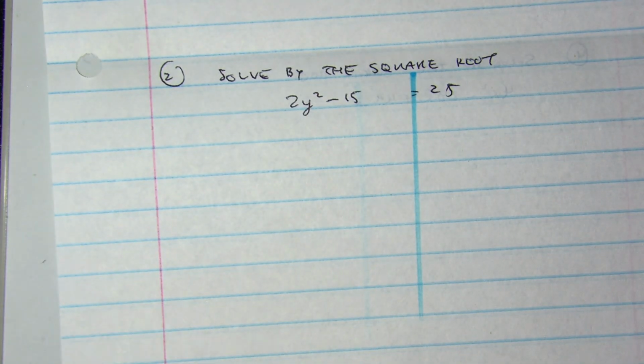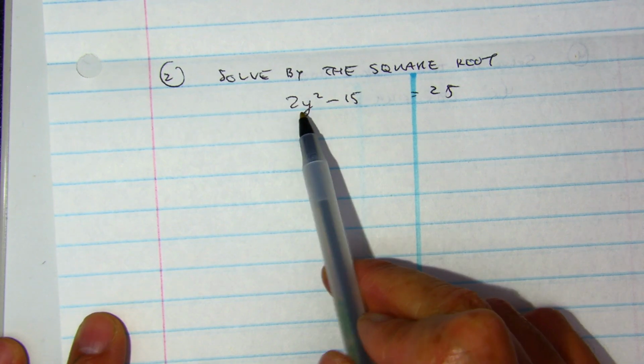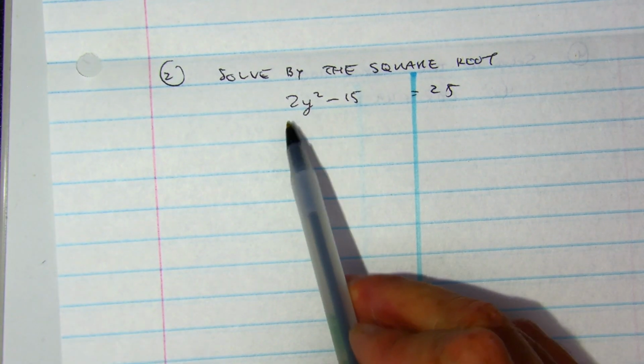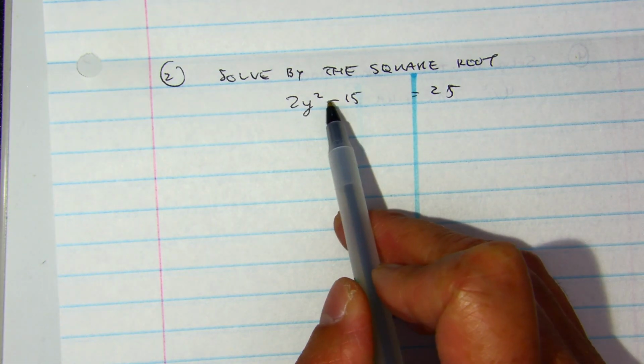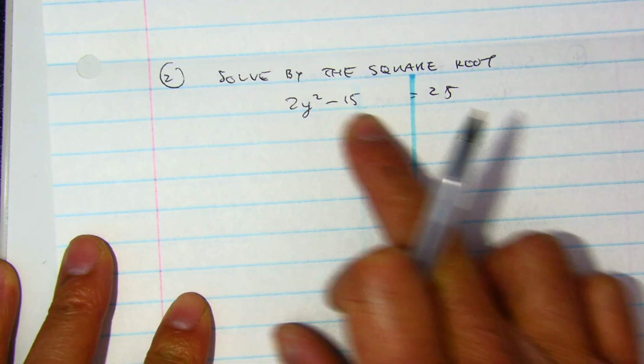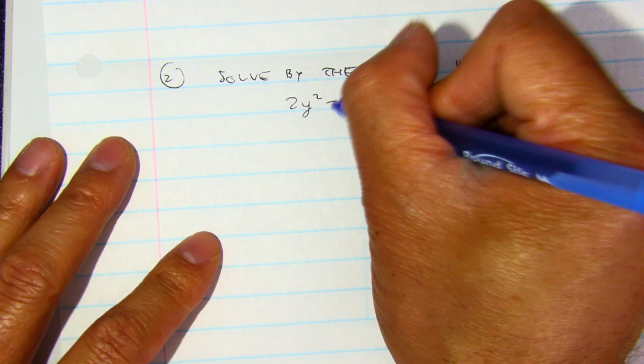Question number 2, let's solve by the square root. It's telling you to take the square root. Now this works best when you have only A and C and your B value is 0x. First thing I'm going to do is add 15 to both sides.